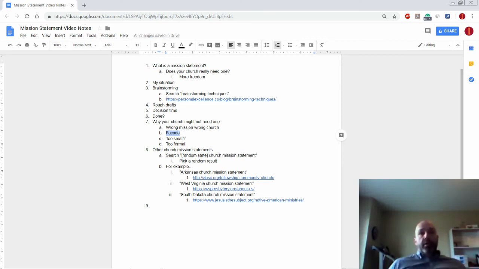The other two reasons have a little different tone than the previous two, but you might think that you're too small. And I suppose if your church is super small, it might feel gratuitous to create a mission statement.